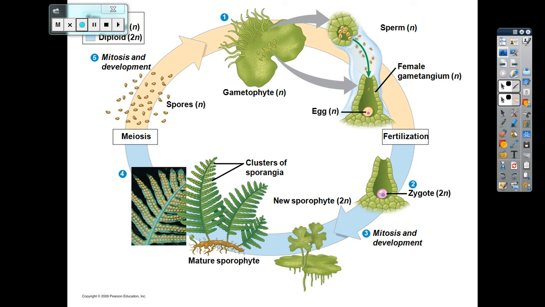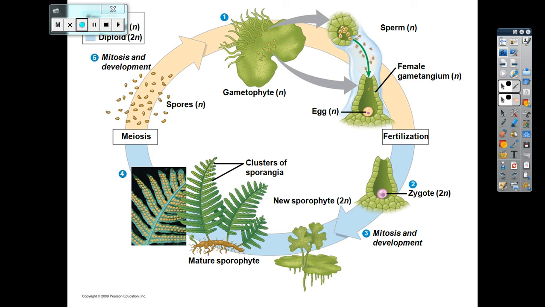They're going to need some type of a water system to get there. Egg gets fertilized, grows into the zygote. Now the zygote is going to grow into your sporophyte, and the gametophyte now just kind of withers away and becomes the root system of the fern.